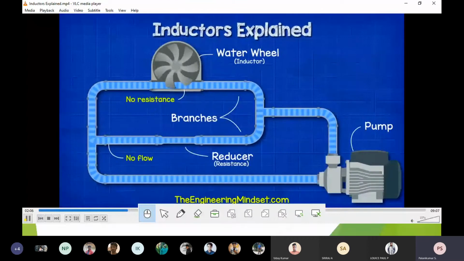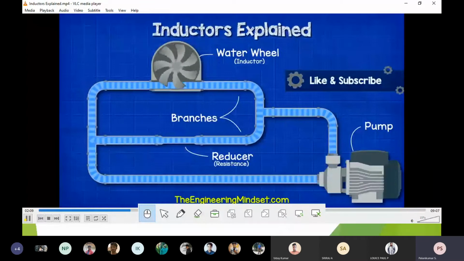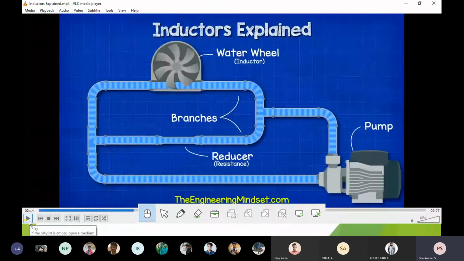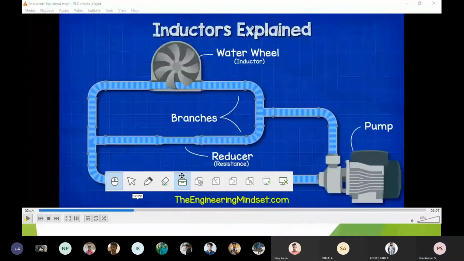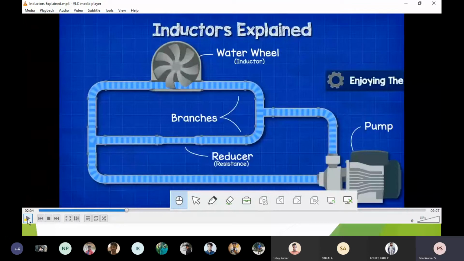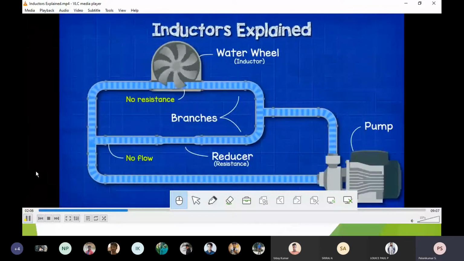In the same way, we can understand it in the electric circuit when we use the inductor. Suppose here, suddenly I stop the pump.